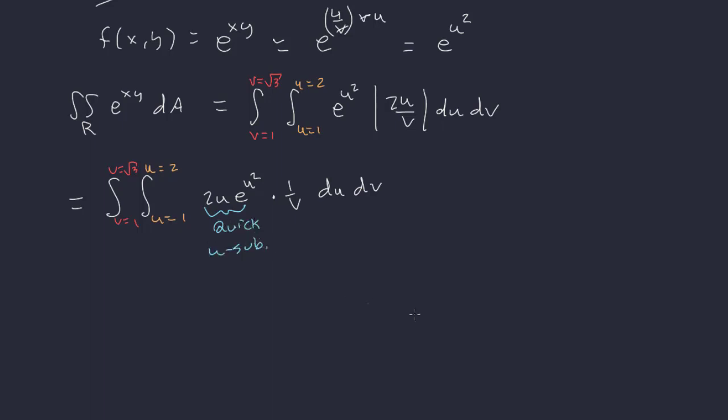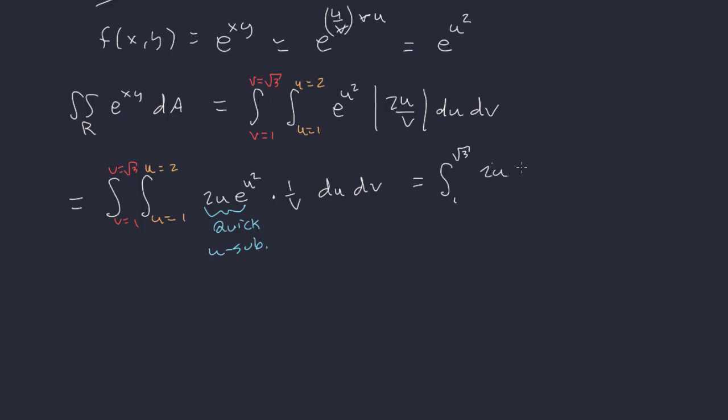And it's nice we know that now because that's really going to simplify our life here, especially now that we've had to do all this work to get here. The v integral I'm not going to mess with. That'll still be 1 to root 3. And then here the 2u will be left alone.